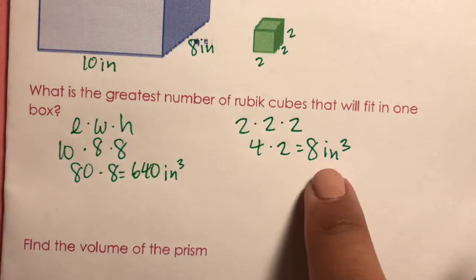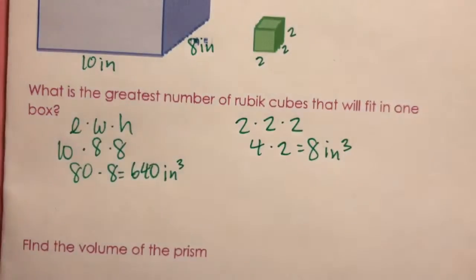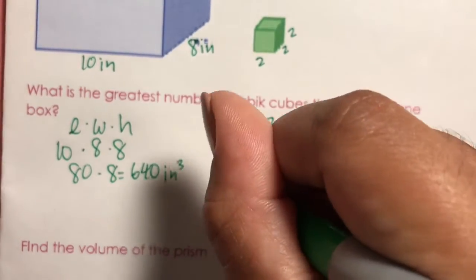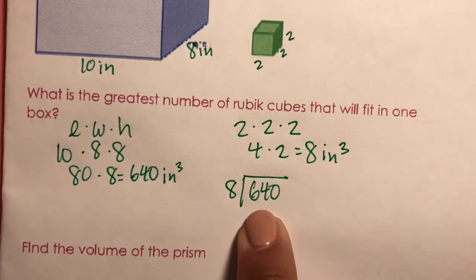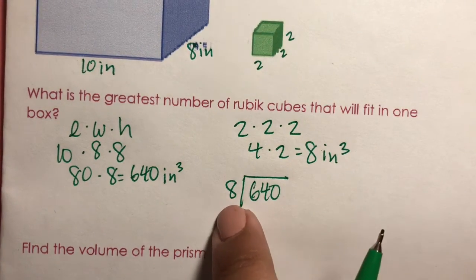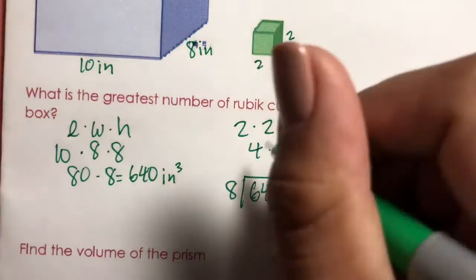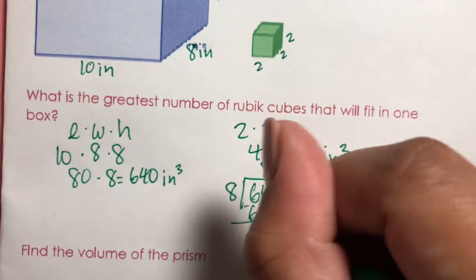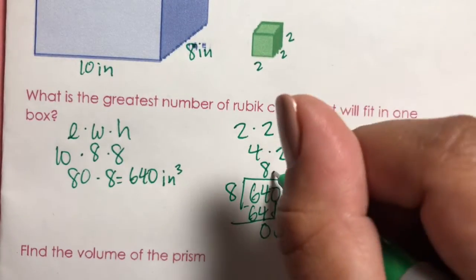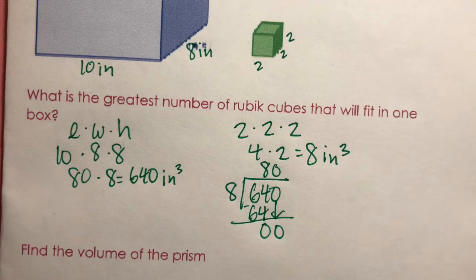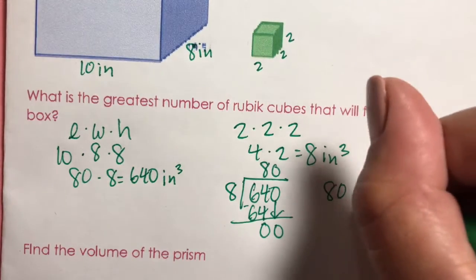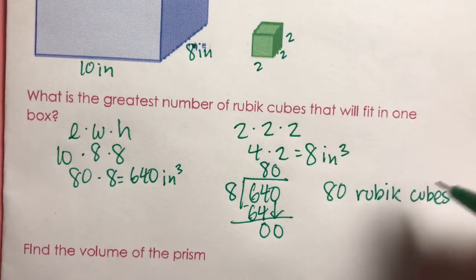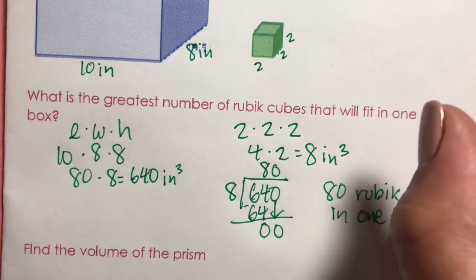So we're just going to divide 640 by 8. 8 goes into 6 0 times. 8 goes into 64 8 times. 8 times 8 is 64. Bring down the 0, 8 goes into 0 0 times. So we know that we can fit 80 Rubik's Cubes in one box because it's volume.